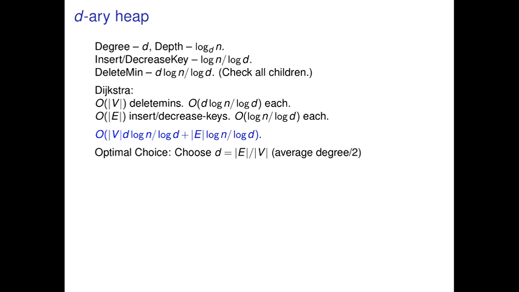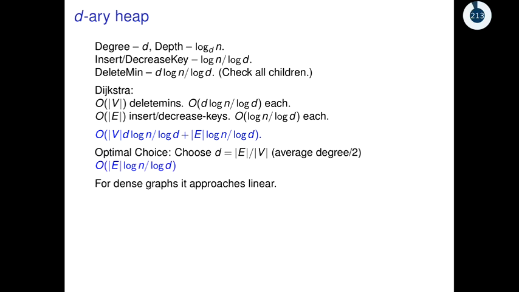The tree you should use in your data structure should be around the same degree as the typical degree of a vertex. So it's kind of cute that it falls out as the optimal one. Okay, so this is what you get, the size of E times log n over log D. For dense graphs, this approach is linear, right? If E is sort of V squared, this approach is linear.